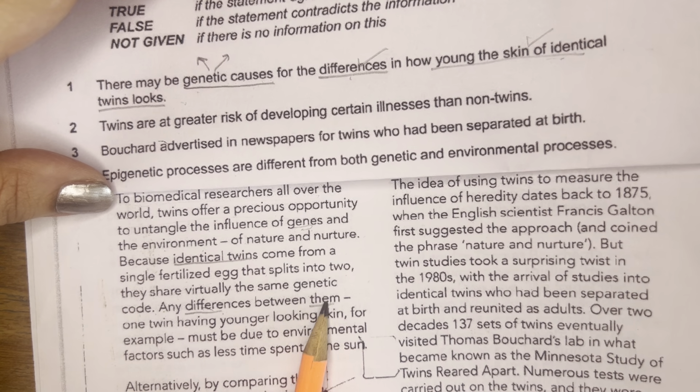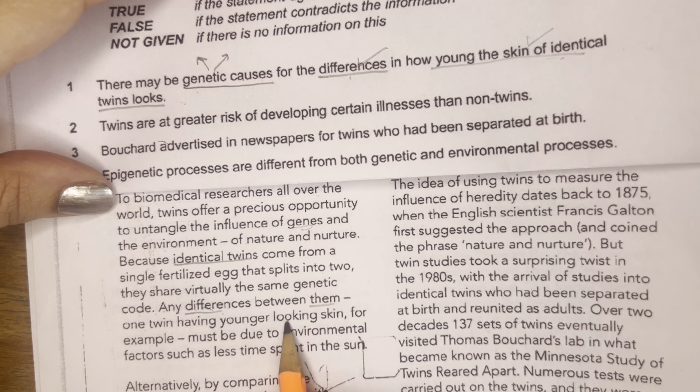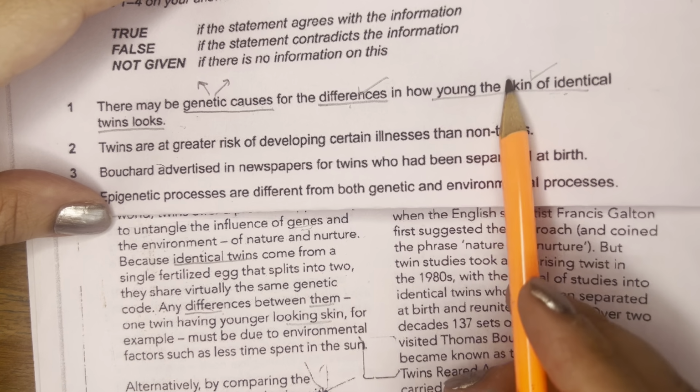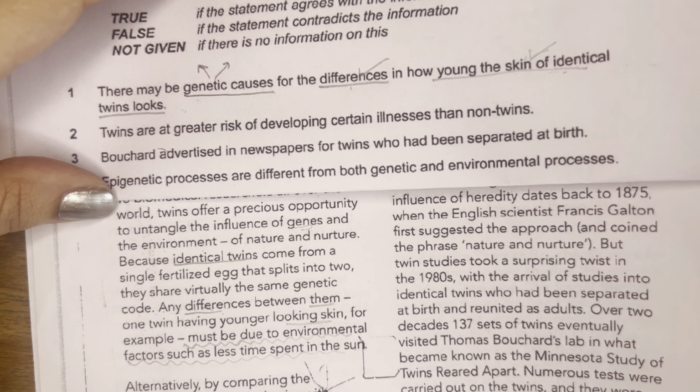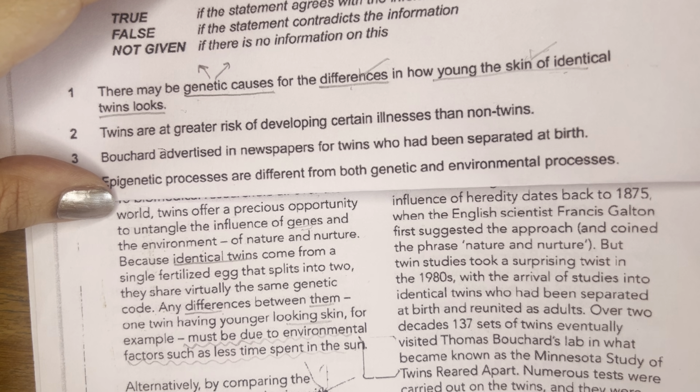Any difference between them, one twin having younger looking skin, for example, must be due to environmental factors such as less time spent in the sun. So one twin is having younger looking skin, the other one's skin is not so young.